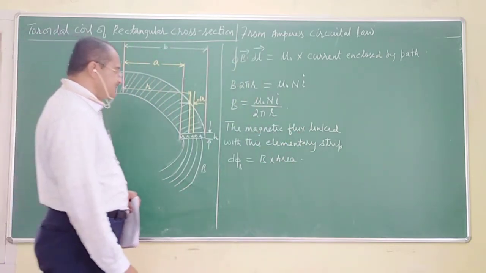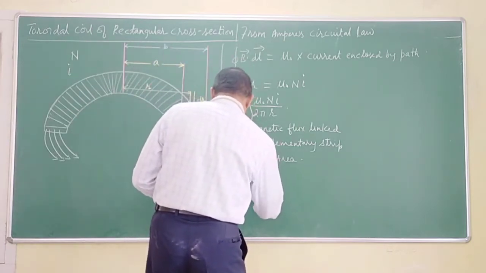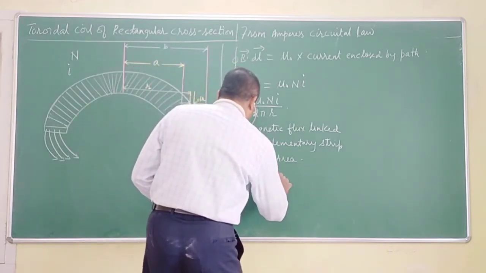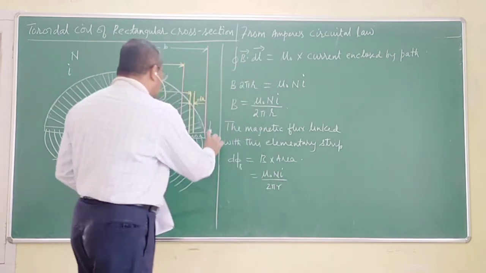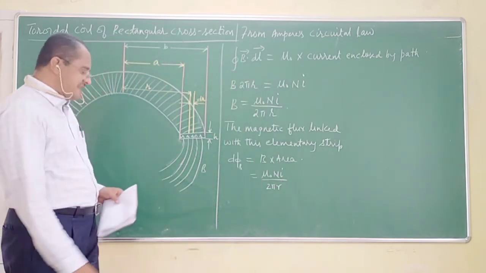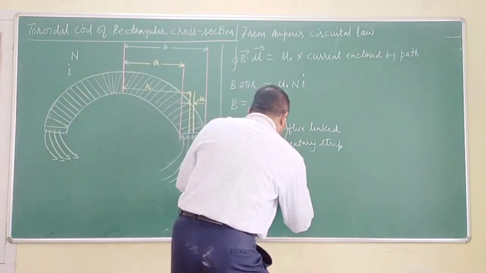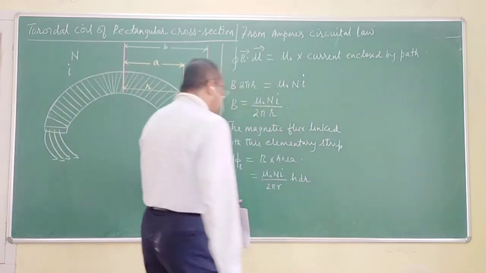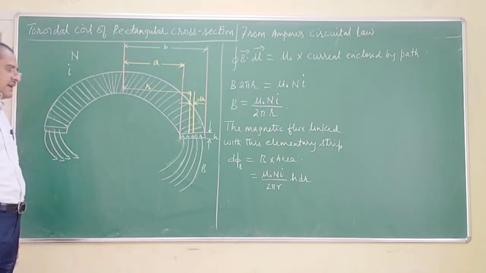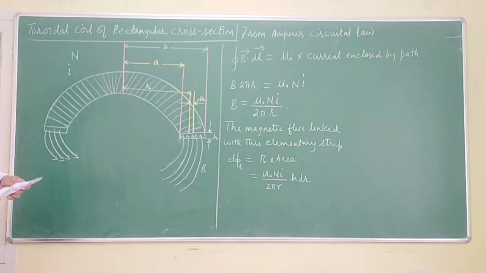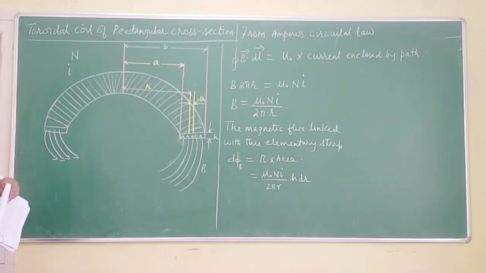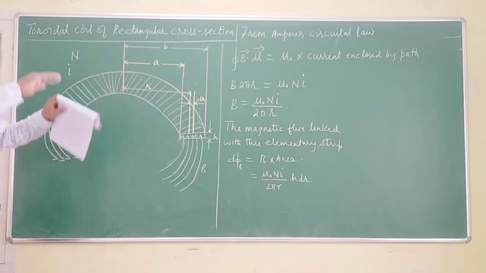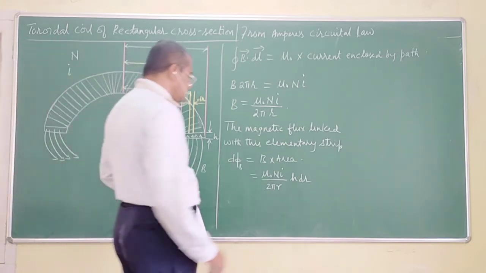B is mu naught NI upon 2 pi r. Length into breadth will give you area. Height is h, thickness is dr, therefore I write it as h into dr. If this is the magnetic flux linked with the elementary strip, we need to find out what is the flux linked with one turn of the toroid.